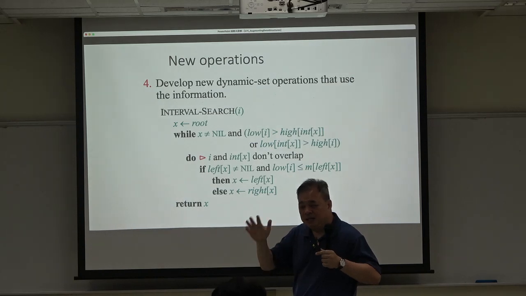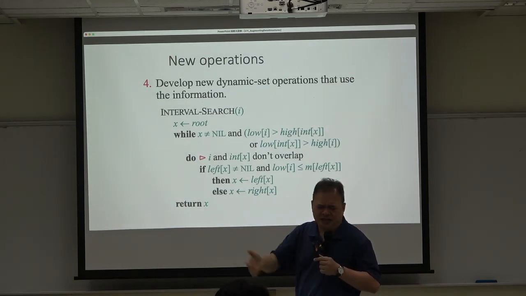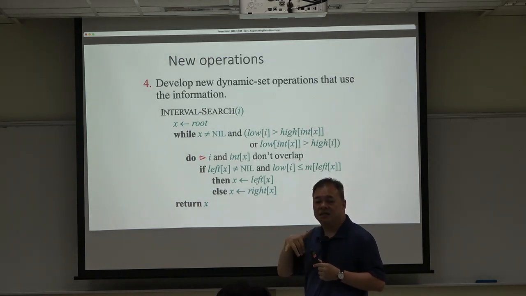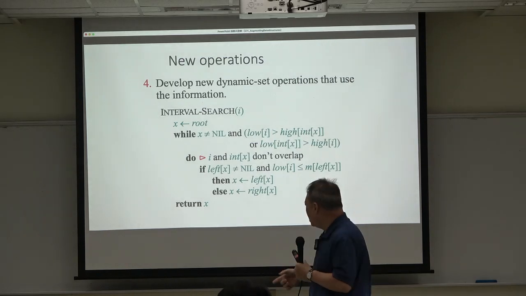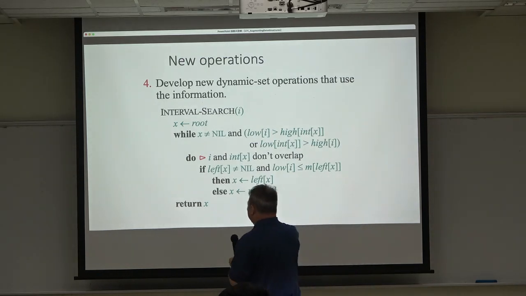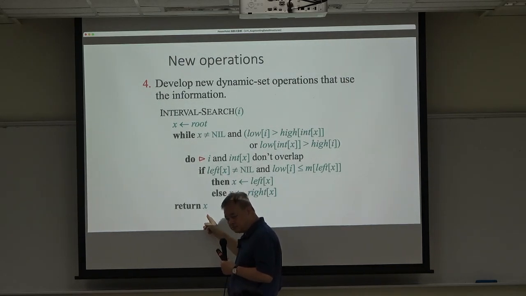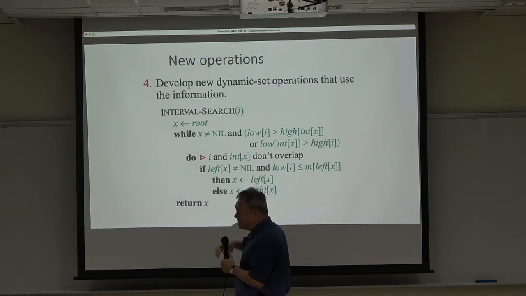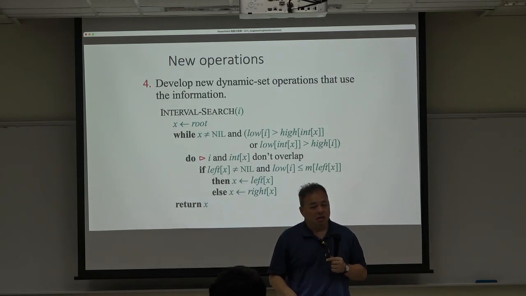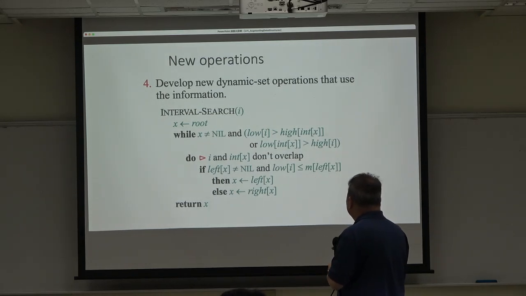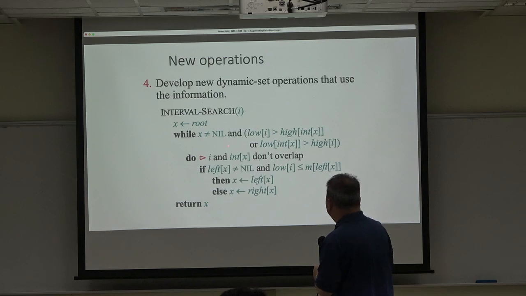So obviously the interval in x has overlap with the query interval I, so it's very safe for you to return x. But if this while clause is satisfied, then we know I and int x don't overlap. We know that, as I said earlier.